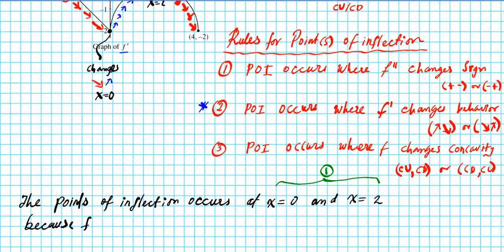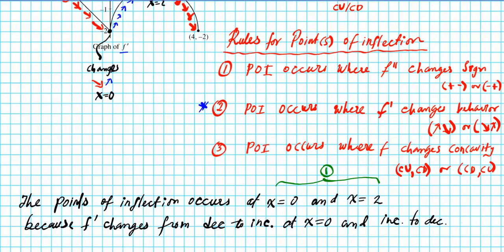f prime changes from decreasing to increasing at x equals 0 and increasing to decreasing at x equals 2.